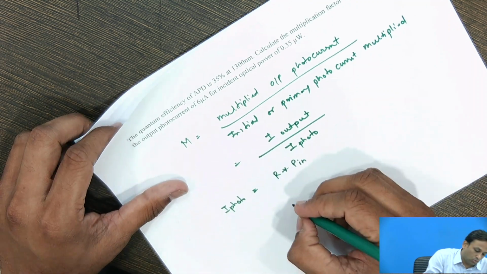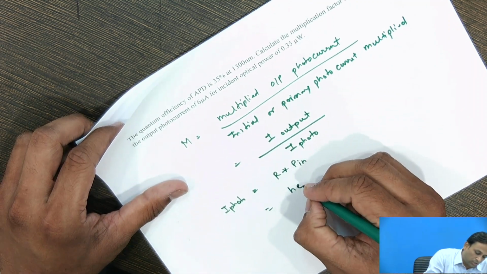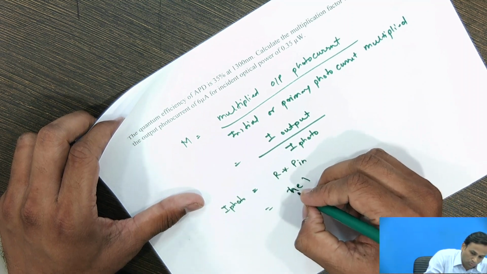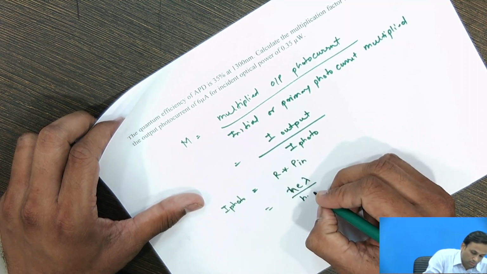R can be calculated as efficiency times e lambda upon hc.